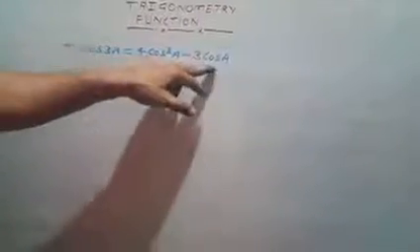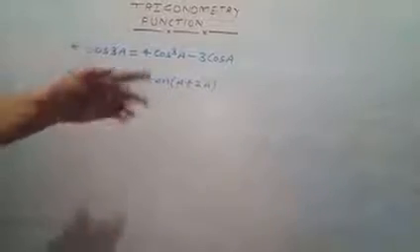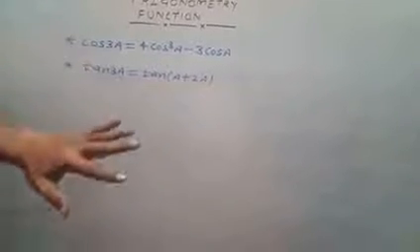The cos 3A equals 4 cos cube A minus 3 cos A, and you can prove it by the same method I have already used. Now I am going to prove the formula of tan 3A.